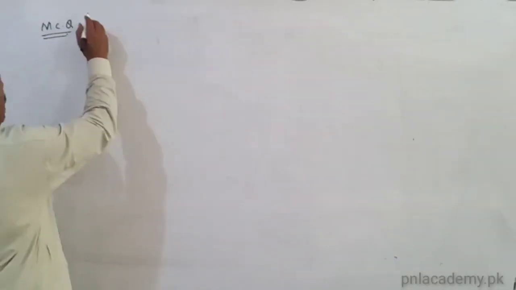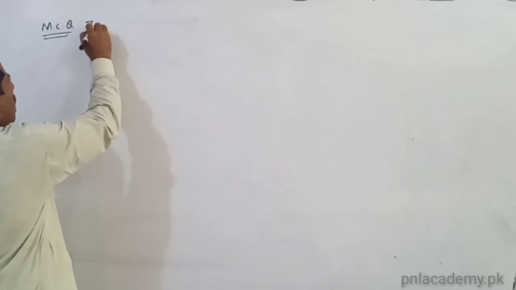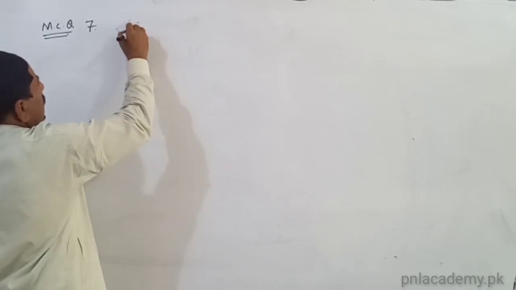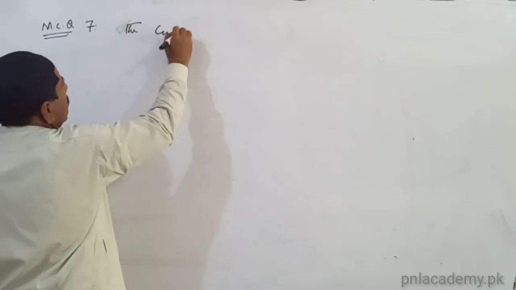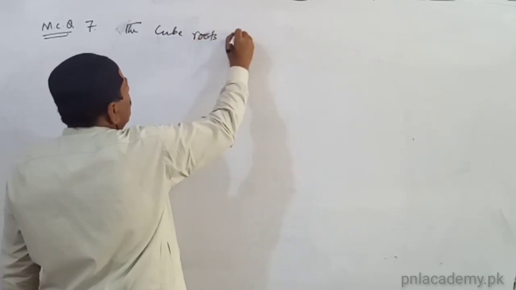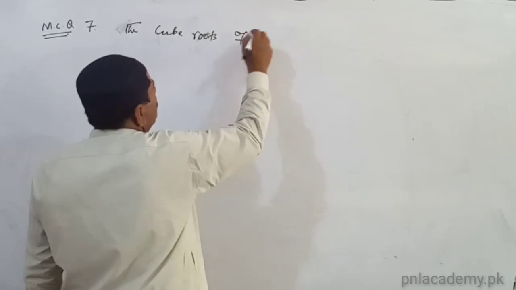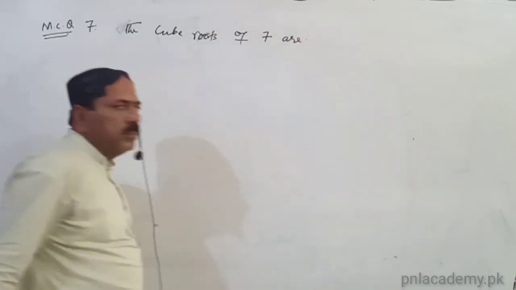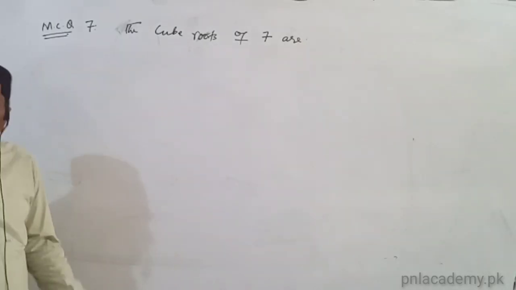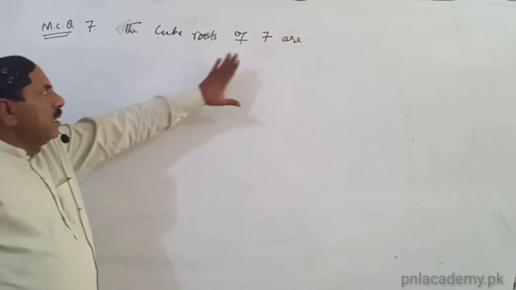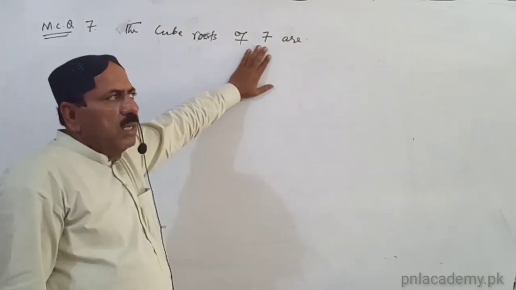Now MCQ number 7. Find the cube roots of 7. How can we write the cube roots of 7? First of all, you should make the relation of 7 with respect to the cube.